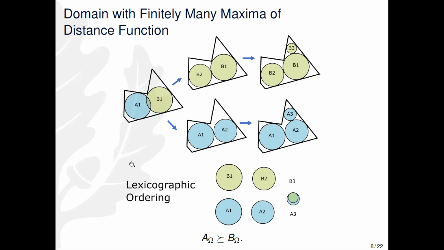So we apply lexicographic ordering to order decompositions. Just like we order the words in a dictionary, we order the circles in the decomposition level by level. We found that the circles in the first two levels are equal, and in the third level, A3 is larger than B3. So we conclude that decomposition A is larger than decomposition B.